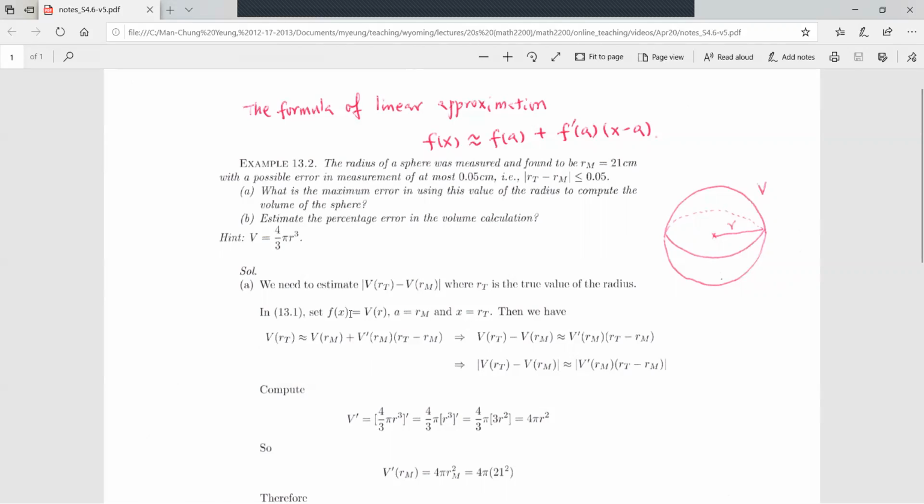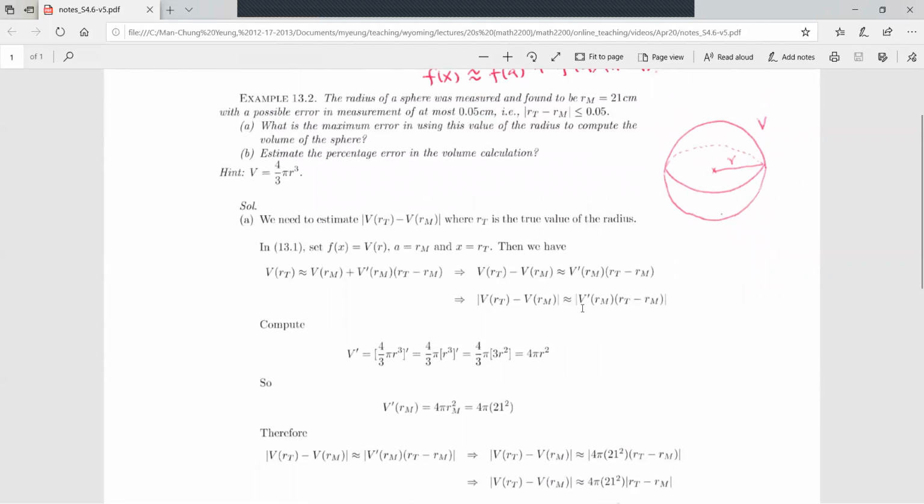F of A is volume at Rm, since A is Rm. And then plus derivative at A, derivative at Rm, times X minus A, RT minus Rm. Now I move this number to the left side to get this inequality. Take absolute value on both sides.